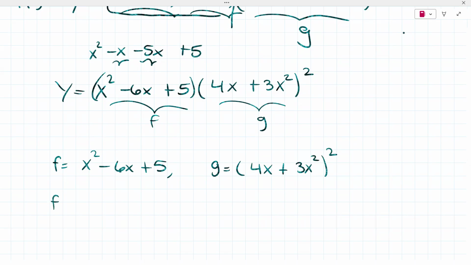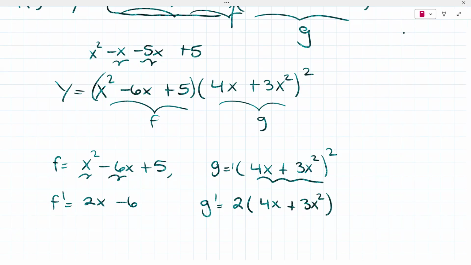And then F prime is the derivative of x squared, which is 2x. The derivative of negative 6x is negative 6. G prime is the derivative of this. So how do you take the derivative of this? You have to use the power rule and chain rule. So start with the power rule: 2 times this is 2. Leave the inner parentheses alone.